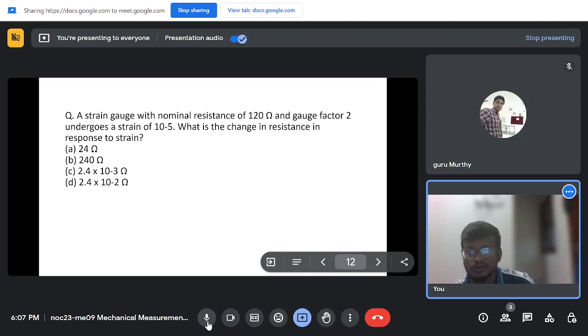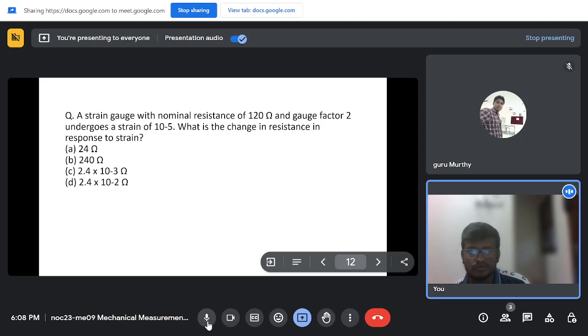So moving on, we have a question: a strain gauge with a nominal resistance of 120 ohms. So we have a strain gauge with a nominal unstressed resistance R0 of 120 ohms, and a gauge factor of 2, which undergoes a strain of 10 power minus 5. So strain is given, we know the gauge factor, we know the resistance of the strain gauge.